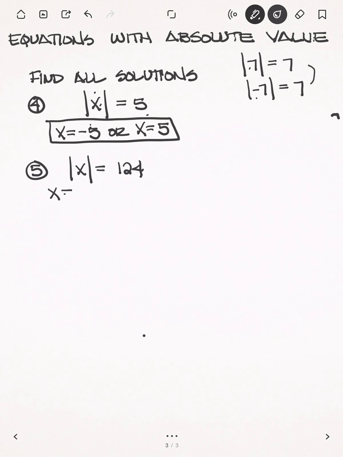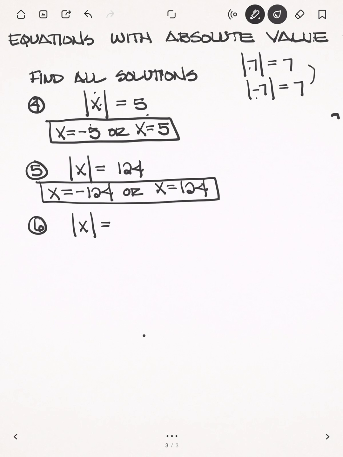Okay, number 6. What if I had the absolute value of x is equal to a negative 6? What could you take the absolute value of and get a negative 6? Well, remember, when you take the absolute value of any number, you get a positive answer.